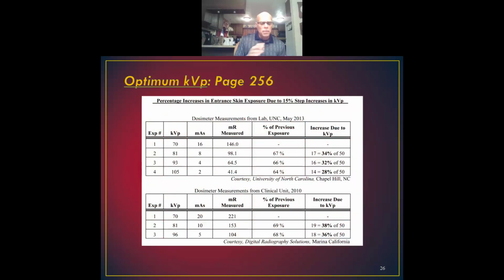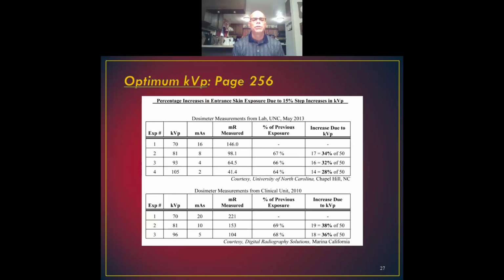So this table on page 256 again, and I'm not sure if you guys are even able to see my mouse or not. That was one thing I needed to look up. But on page 256, using optimal kVp, it says percent increases in entrance skin exposure due to 15% step increases in kVp. So our first exposure, 1, 2, 3, 4, and then there's another from a clinical unit that had 3 exposures. But the idea here is to look at your second exposure compared to your first.